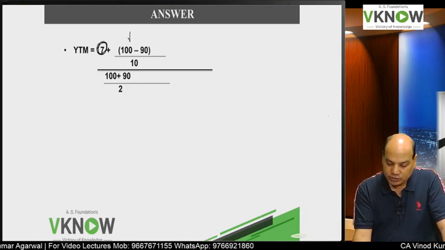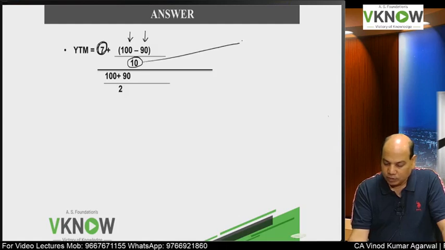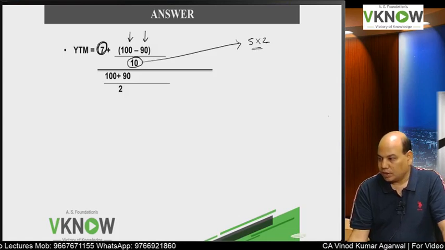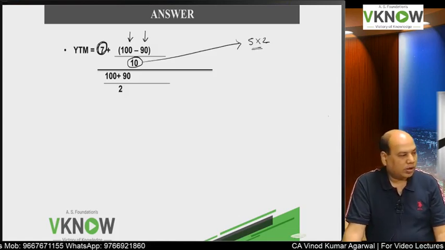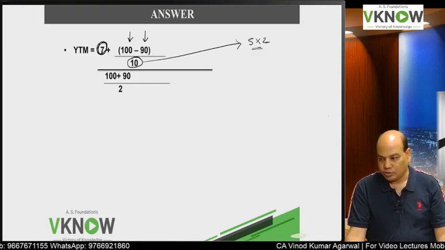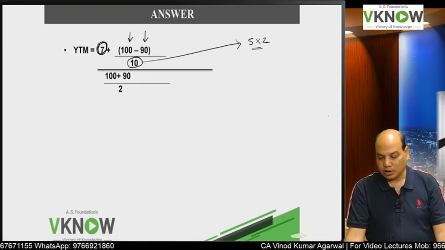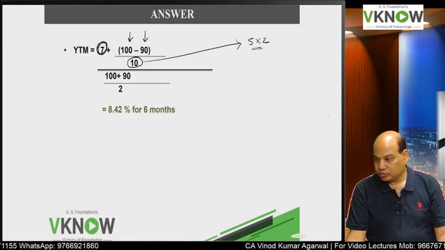Plus 100 is redemption value, 90 is current market price. Number of half years will be 5 into 2, upon 100 plus 90 by 2. So kindly reply. Check the answer.